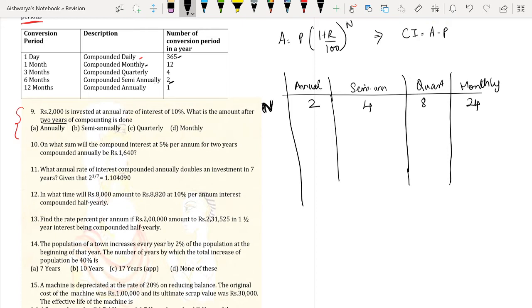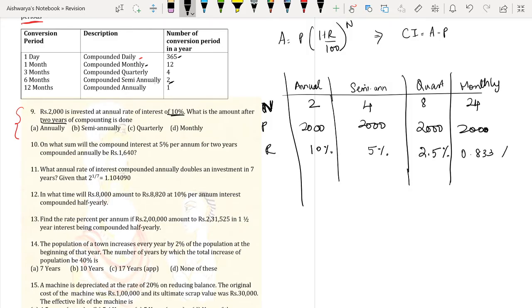Principal will be the same in all the cases: 2000, 2000, 2000, 2000. Now coming to the rate. Rate here is 10%. So straight 10% per annum we will write here. Whereas semi-annually 10 by 2, 5%. 10 by 4, 2.5. 10 by 12, 0.833.